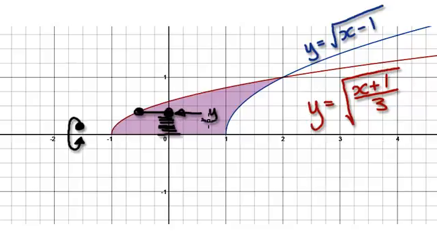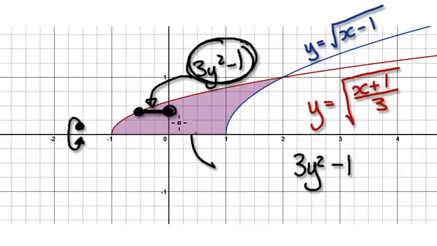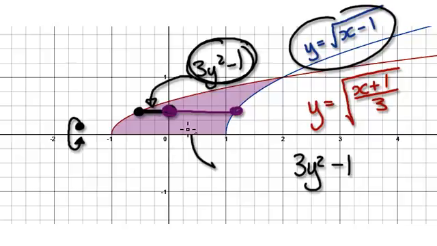At this value of y, this distance here will be 3y squared minus 1, and then the distance from here to here is given by y squared plus 1.